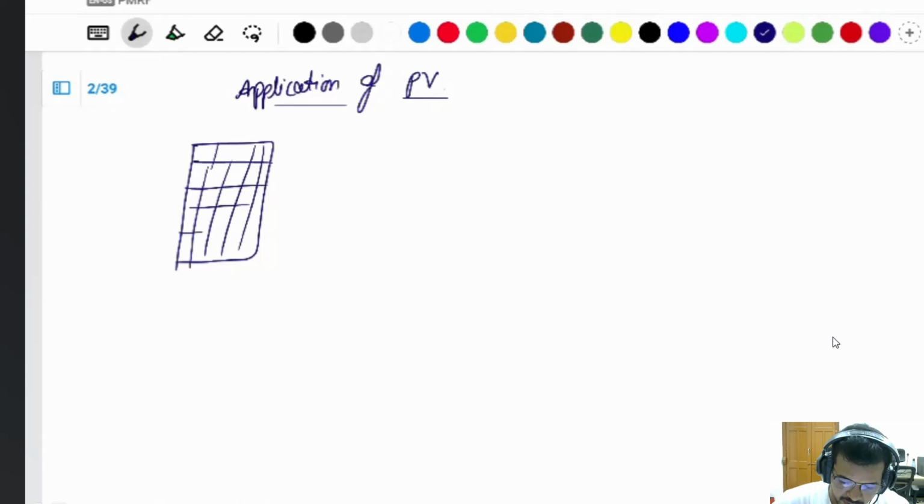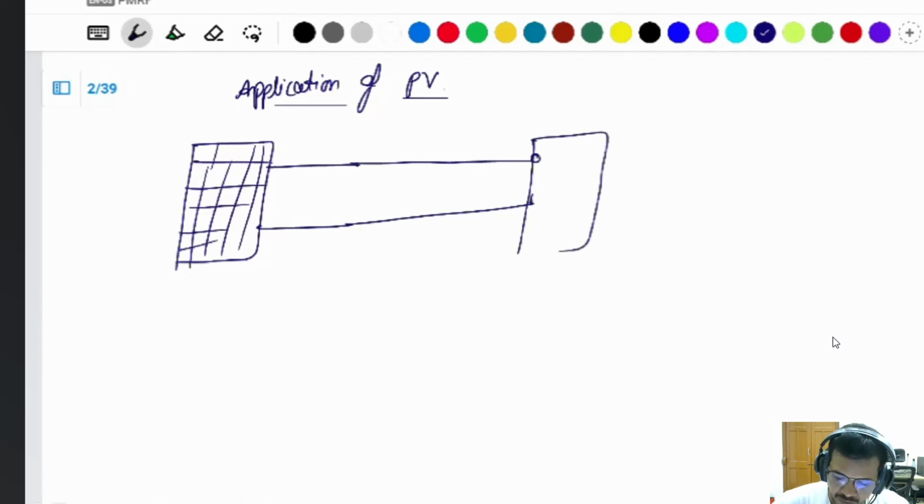It gives a supply output. You can connect it to a DC load directly, or if you want to connect an AC load, then you require a converter, like an inverter, to convert the DC signal to AC.